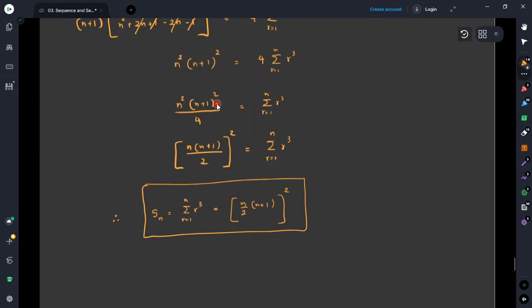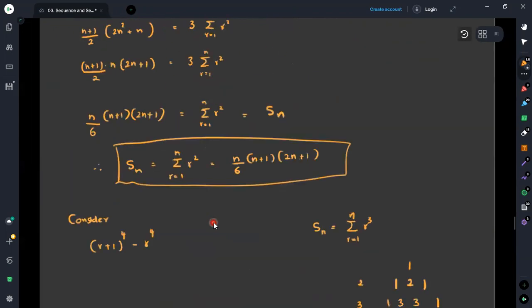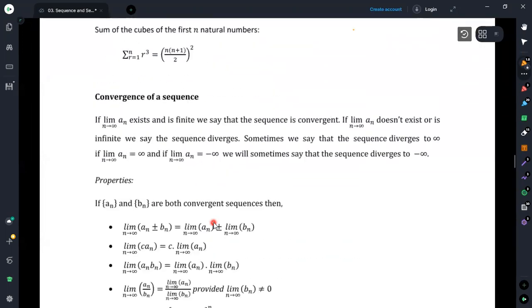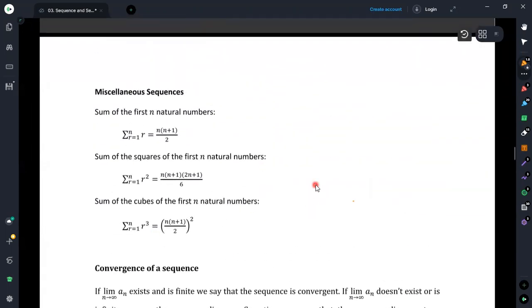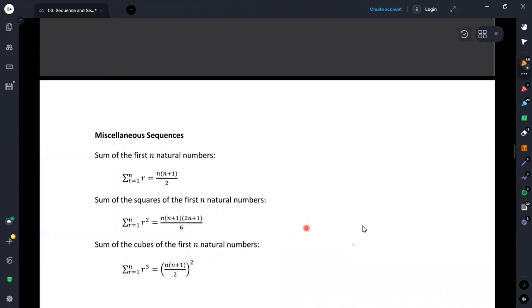This is the equation that we use to obtain the summation of the cubes of the first n natural numbers. Here we can see that we have obtained the summations for the sequences that we have considered: the sum of the first n natural numbers, the sum of the squares of the first n natural numbers, and the sum of the cubes of the first n natural numbers.